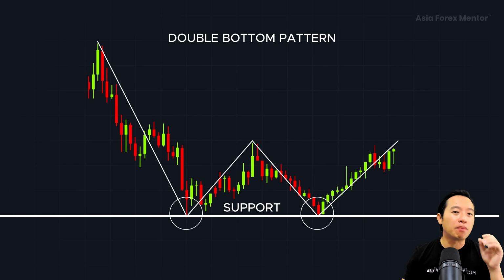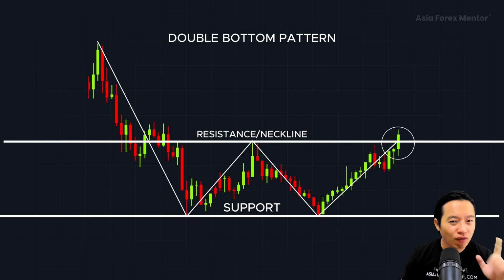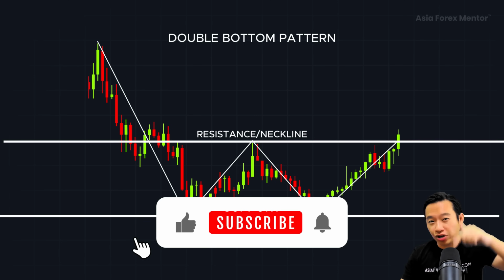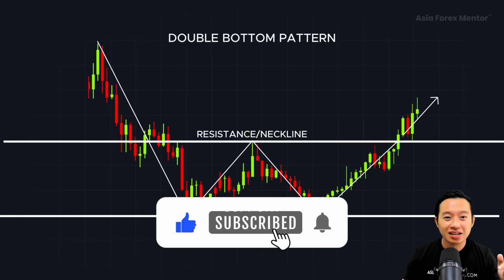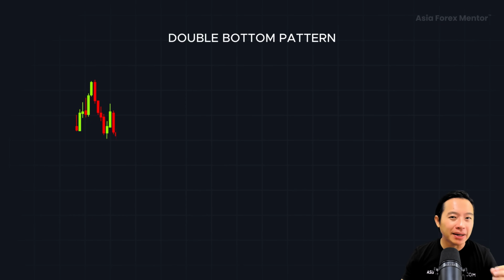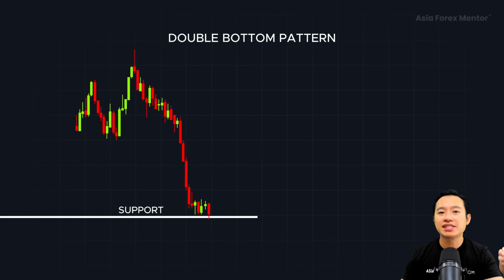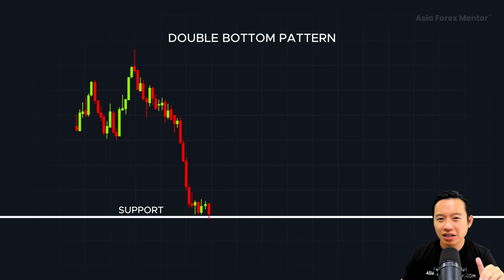Once the price breaks above the neckline, it confirms the pattern, and this signals a potential trend reversal from a downtrend to an uptrend. So it looks like this. Let's break it down further. The double bottom happens when the market has been in a downtrend and the price finds support at a certain level, creating the first bottom.